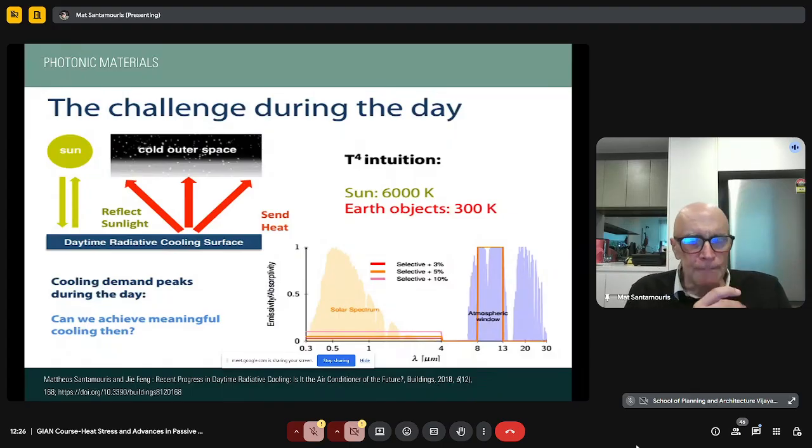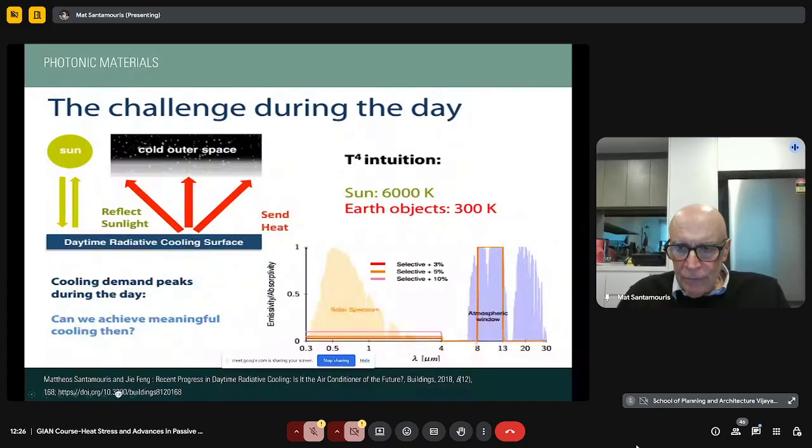You have benefits, you've seen the benefits before, but not a tremendous performance. Photonic materials stop emitting at the whole wavelength. This is the solar spectrum, and this is where the materials emit, here in the infrared. Once they emit here, the radiation is coming back. But there is something magic in the atmosphere of our planet.